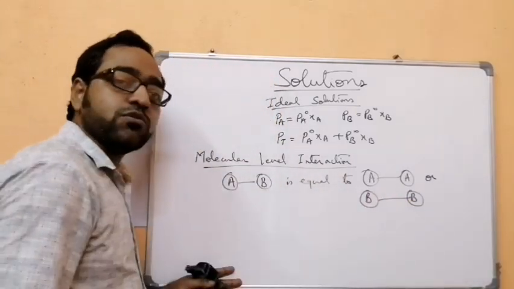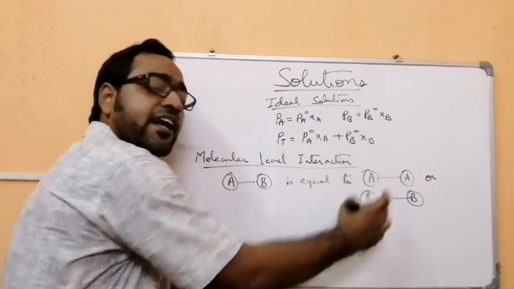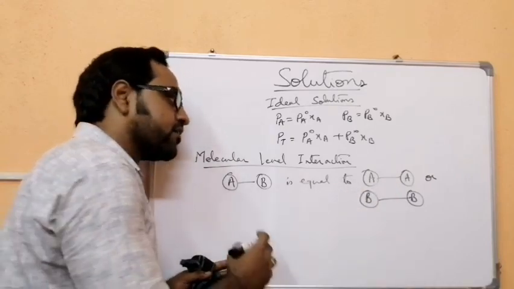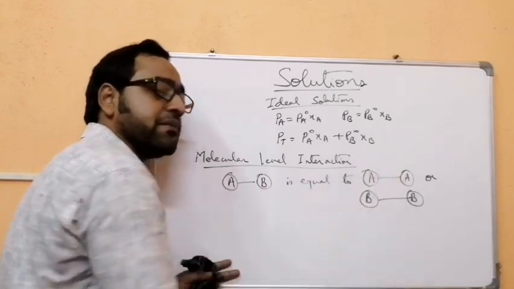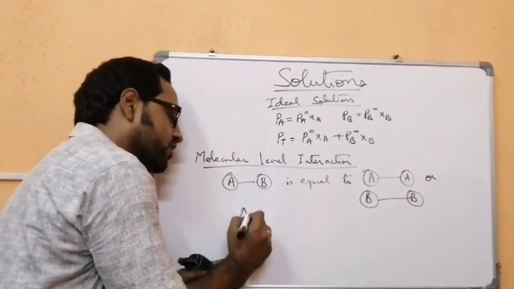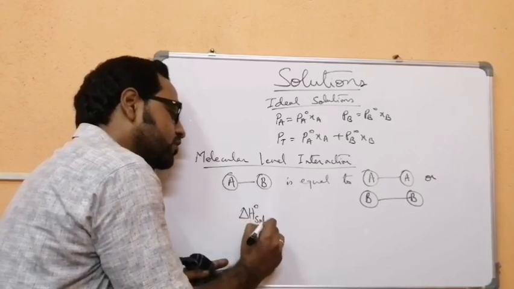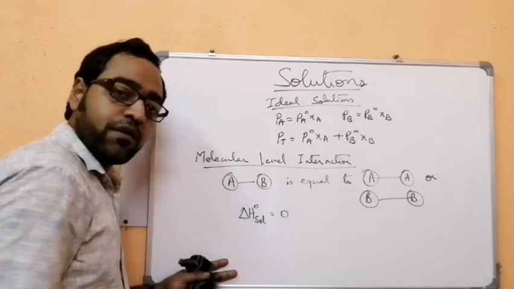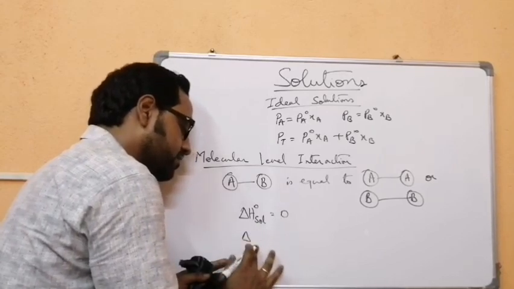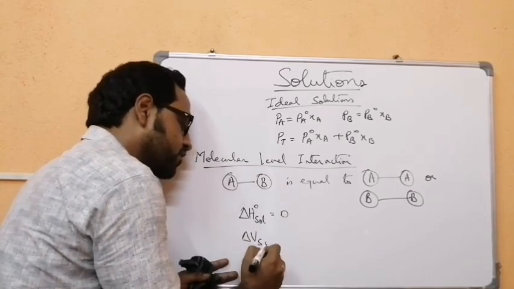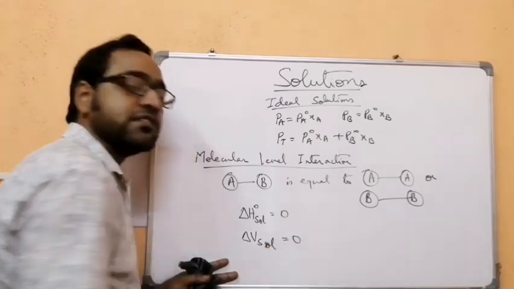AB interaction is equal to AA interaction and BB interaction. And when AB interaction is equal to AA and BB, in that case, for the solution, delta H solution will be 0 and delta V solution will also be 0.